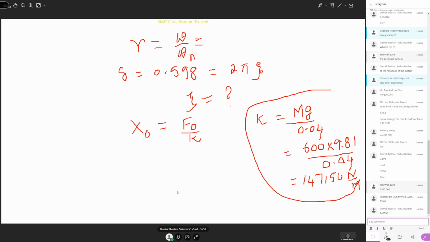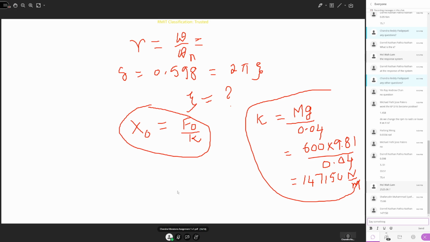Okay, so 147150 newtons per meter. Then you can calculate x naught. X naught is f naught over k. So f naught we already calculated, m r omega square.